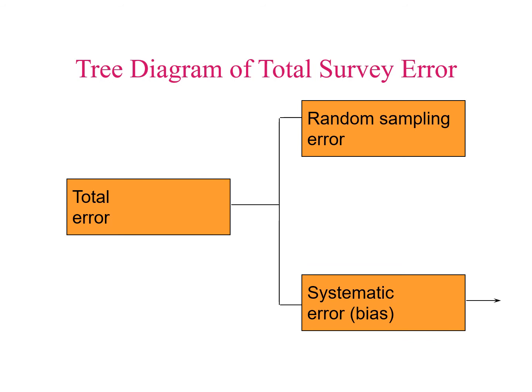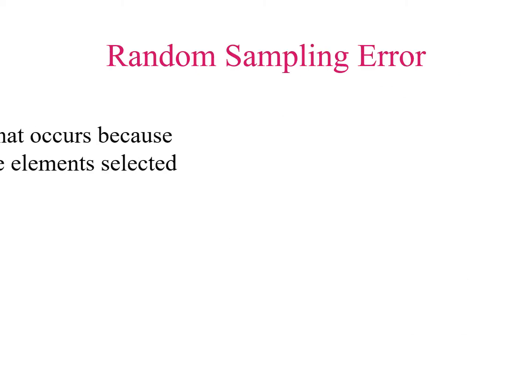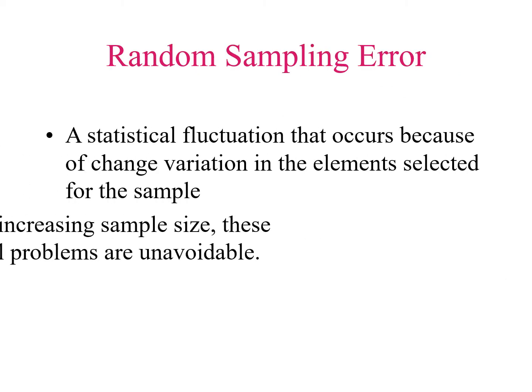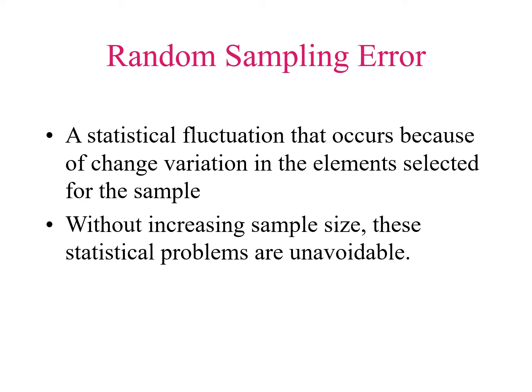The total error has two categories: random sampling error and systematic error, or bias. Random sampling error is a statistical fluctuation that occurs because of chance variation in the elements selected for the sample. Without increasing sample size, these statistical problems are unavoidable.